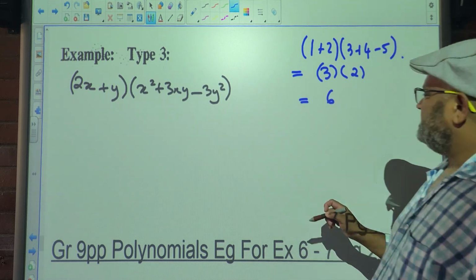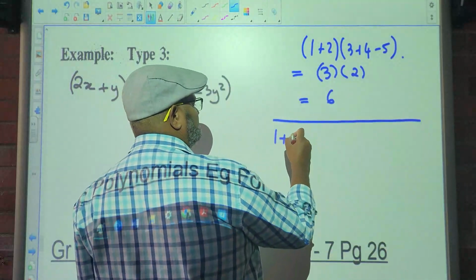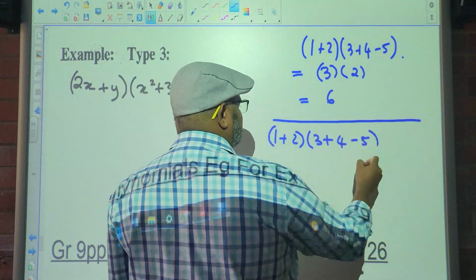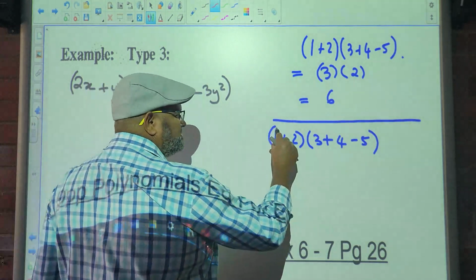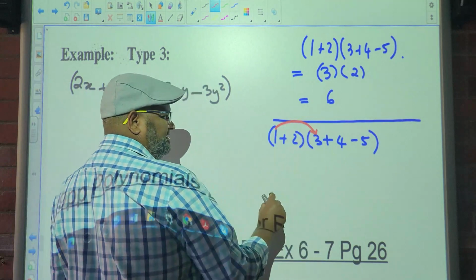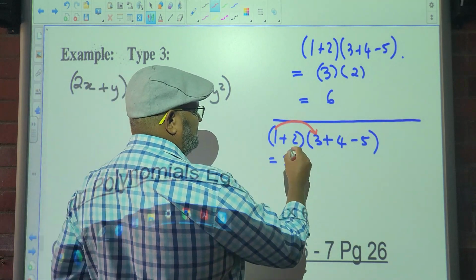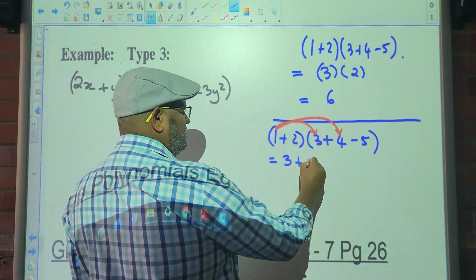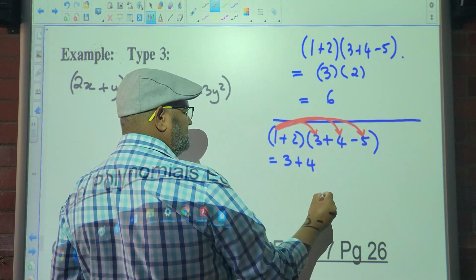Okay. So we say, okay, let's do distributive law first. So there's 1 plus 2, same sum. The same sum should result in the same answer. The resultant must be the same. So we said that 1 must be multiplied by 3, which is what? 3. 1 multiplied by 4 is 4. 1 multiplied by negative 5 is?